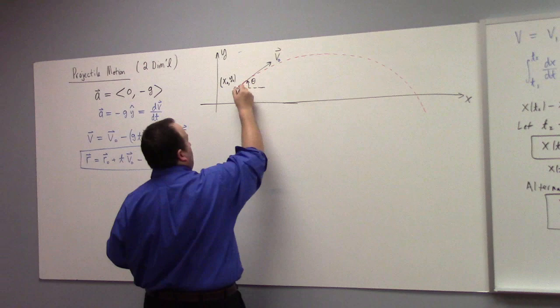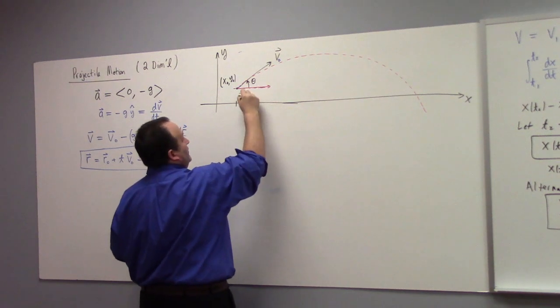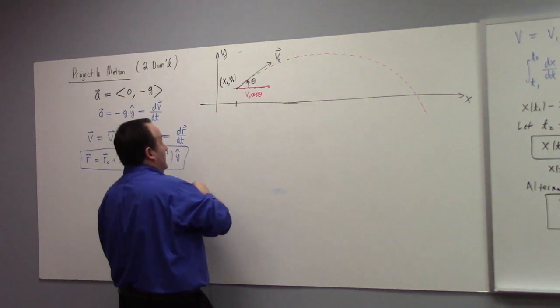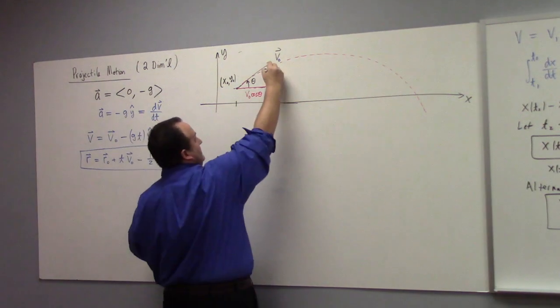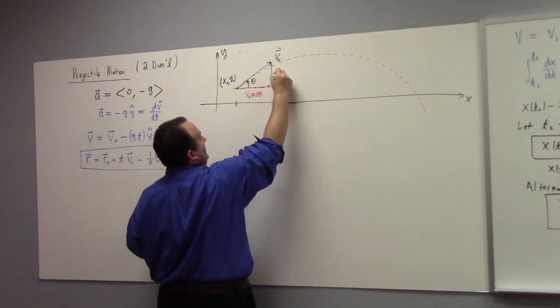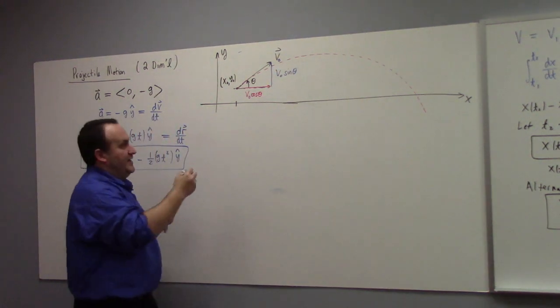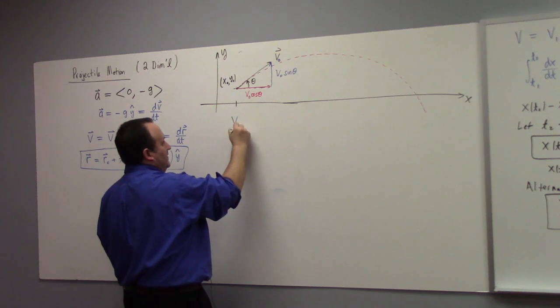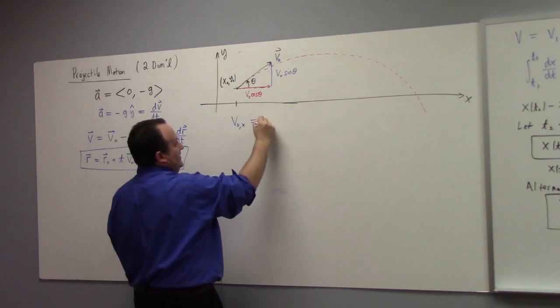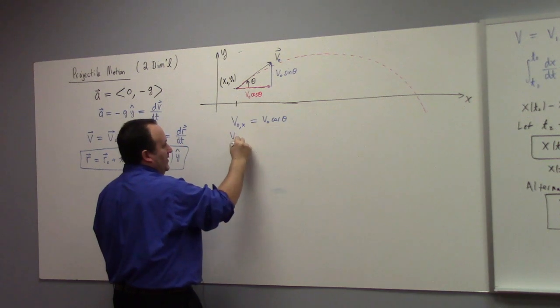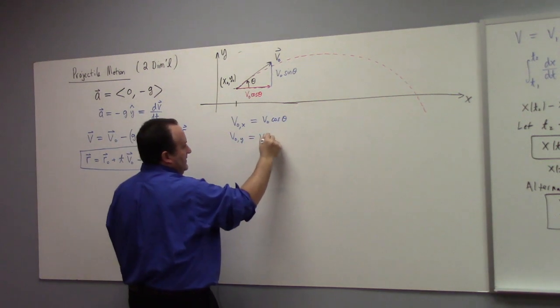So this piece right here would be v0 cosine theta, and then the vertical piece would be v0 sine theta. So some notation I'm going to use is simply this: v sub 0x is v naught cosine theta, and v sub 0y is v naught sine theta.